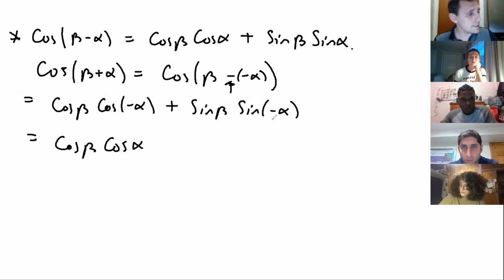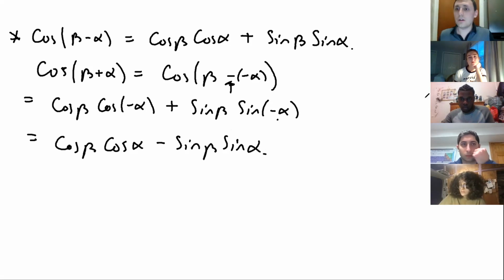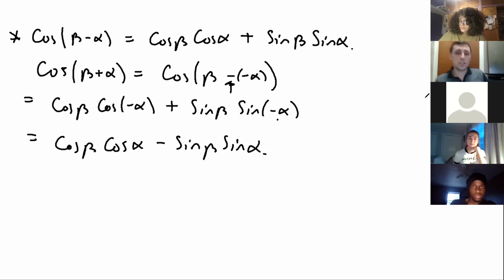And sine of negative alpha will be minus sine alpha because sine is odd. You see? So it takes just very few manipulations and you right away see that formula. The main work was in establishing the cosine of difference of angles. If you have that, the remaining formulas are very easy.